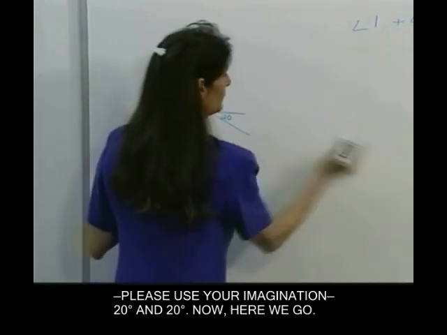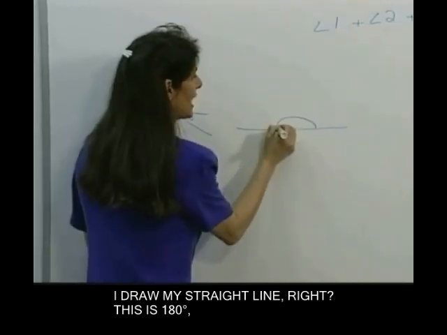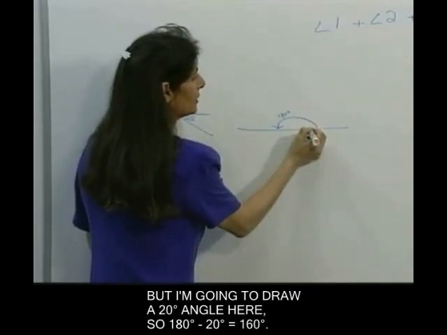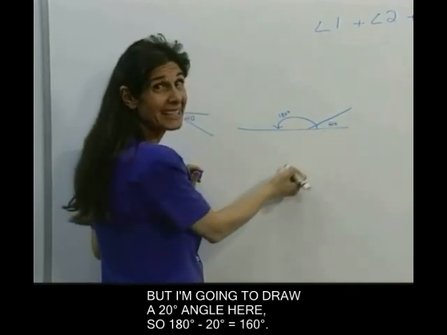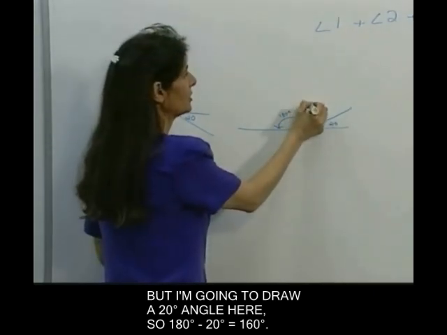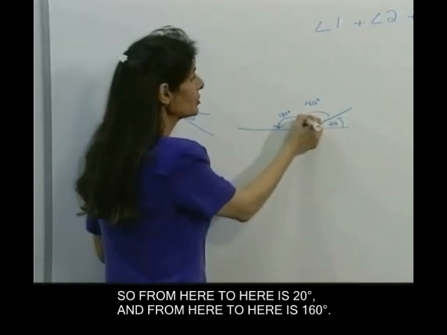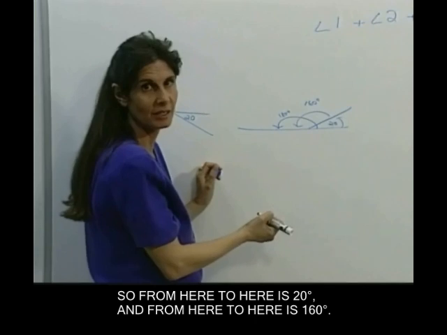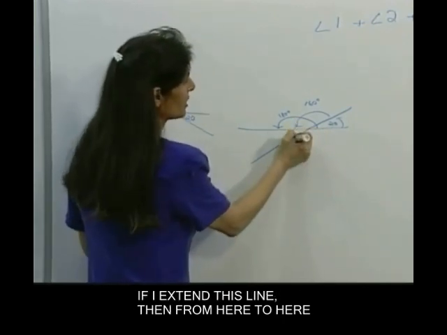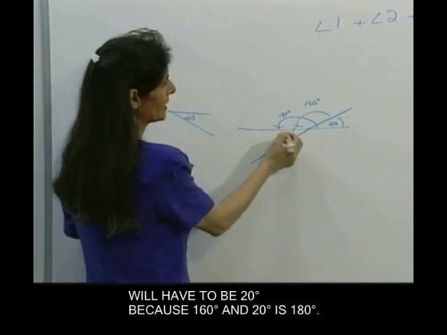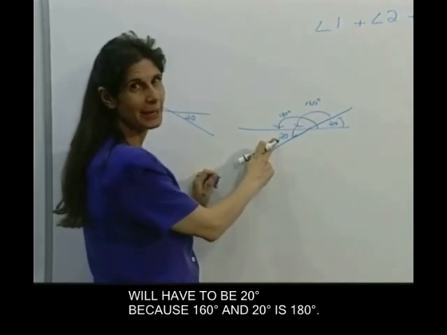Now, here we go. I draw my straight line, right? This is 180 degrees. But I'm going to draw a 20-degree angle here. So 180 minus 20 is 160 degrees. So from here to here is 20, and from here to here is 160. If I extend this line, then from here to here will have to be 20, because 160 and 20 is 180.